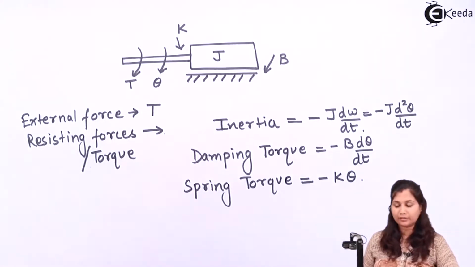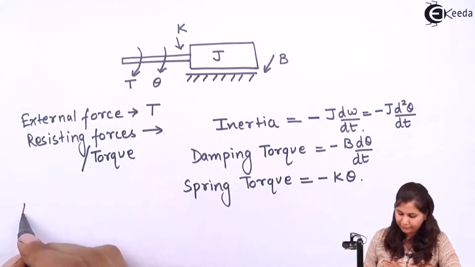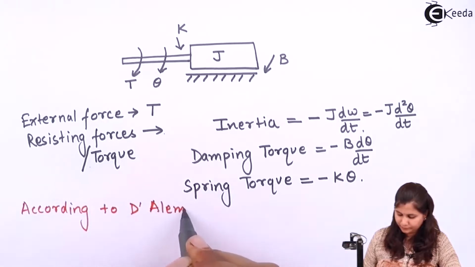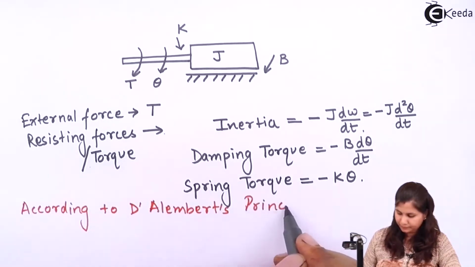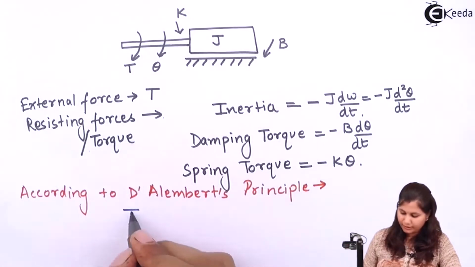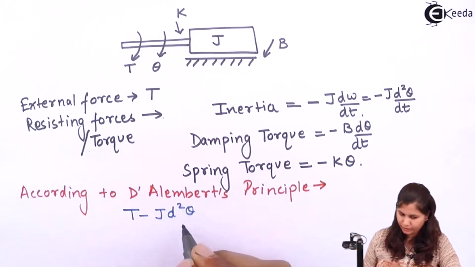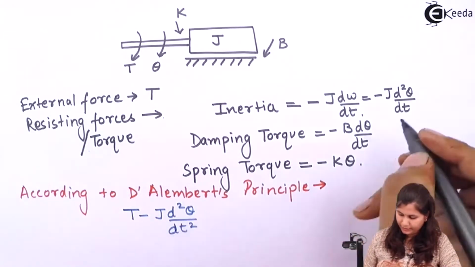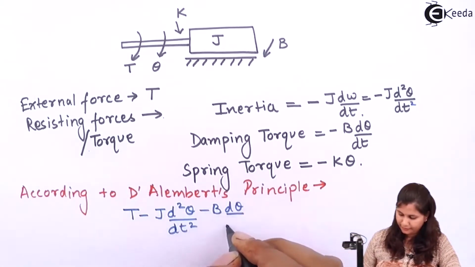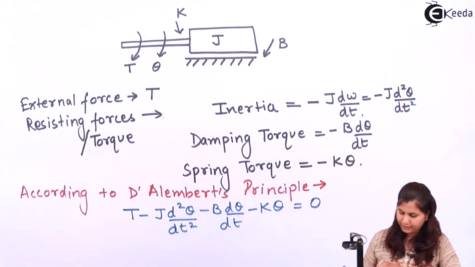So if we write the equation according to D'Alembert's principle, we will have T minus J d2 theta by dt square, minus B d theta by dt, minus K theta equals 0.